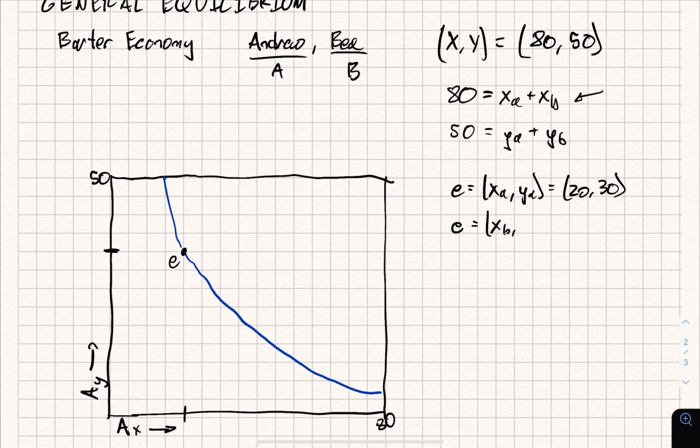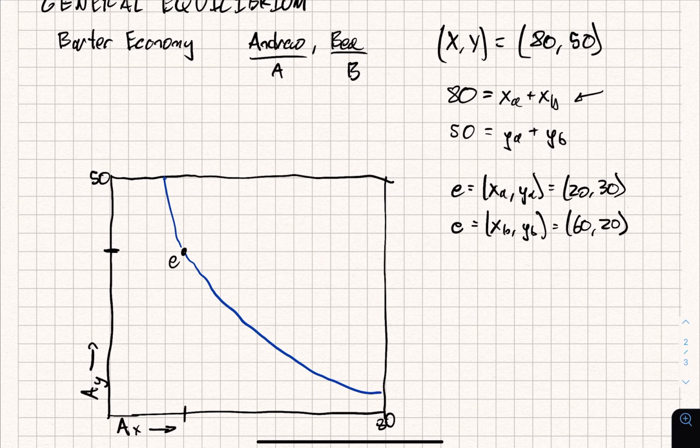We have x for Bea, y for Bea, and this is equal to what Bea is receiving, which is the total available, which is 80 for x, minus what's going to Andrew. So this is 60, which is 80 minus 20. And for y, we're doing the same thing, so it's 50 minus 30, so that's 20.